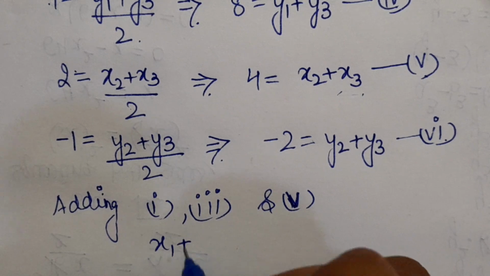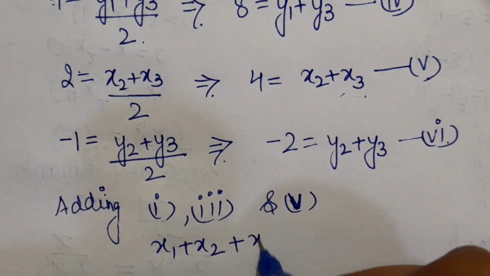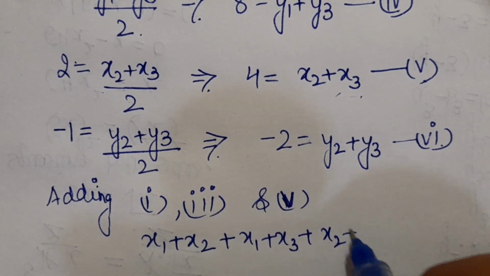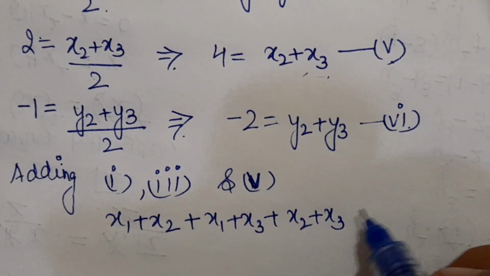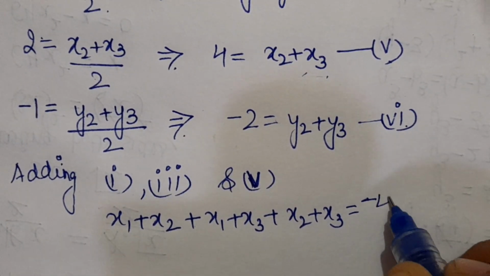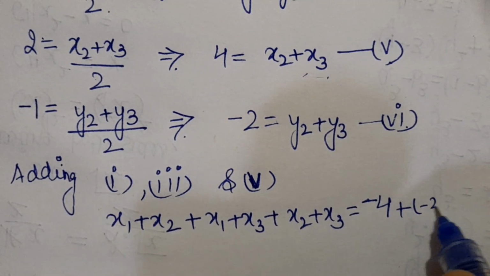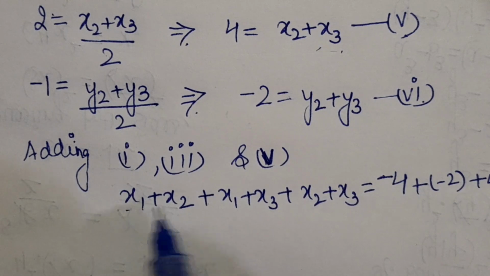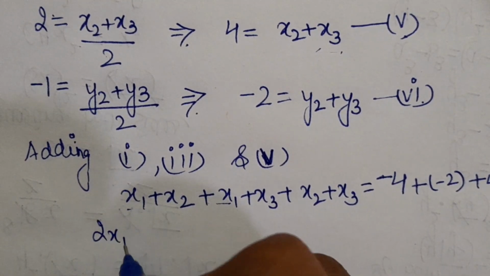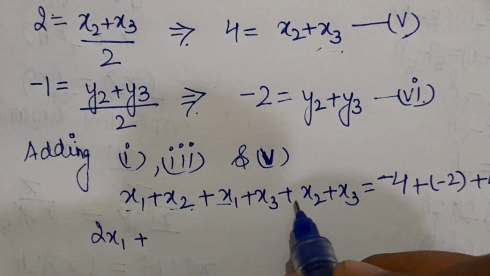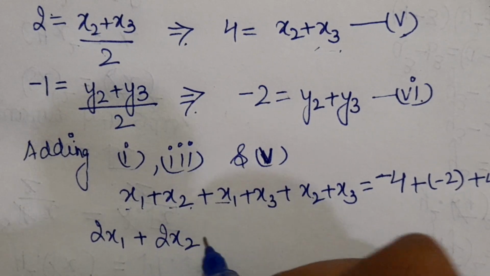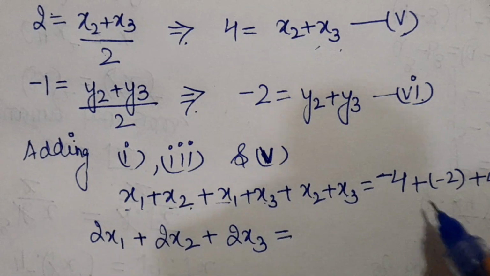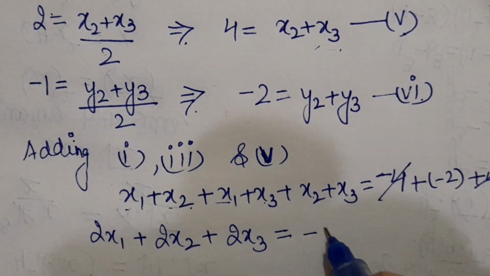That is x1 plus x2 plus x1 plus x3 plus x2 plus x3 equals -4 plus -2 plus 4. x1 plus x1 equals 2x1, x2 plus x2 is 2x2, similarly x3 plus x3 equals 2x3, equals -2.